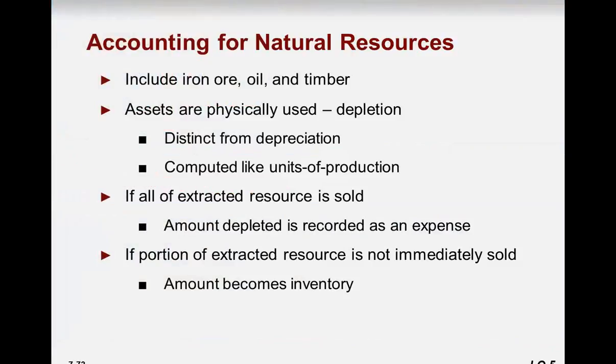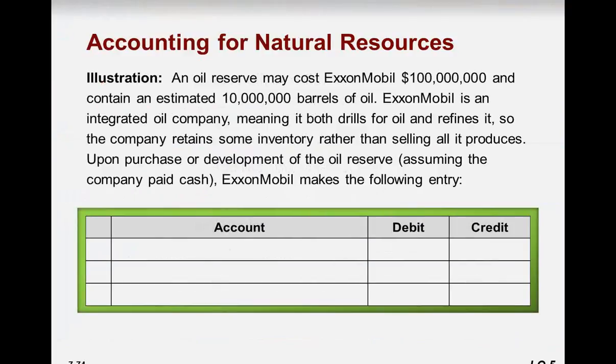So with our natural resources, I want to just cover this pretty quickly here. This is a new presentation way in this book. If all of the extracted resources are sold, the amount depleted has to be recorded. We record everything as an asset to start with, our oil reserve.